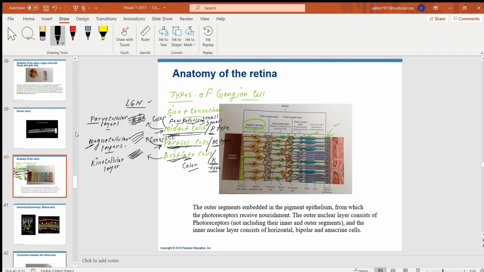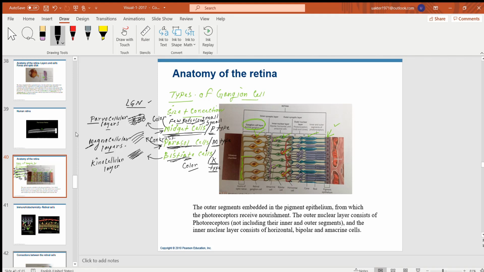However, there are two other types of cells. So far we know those are not responsible for the processing of visual signal, but they are responsible for other things.